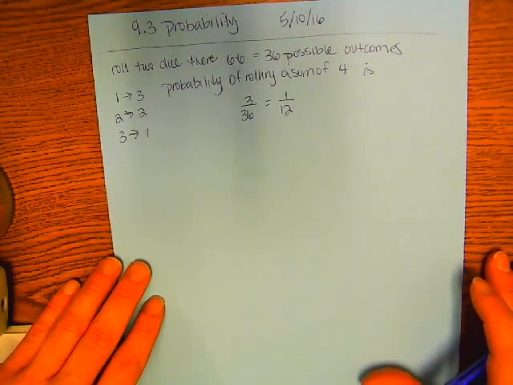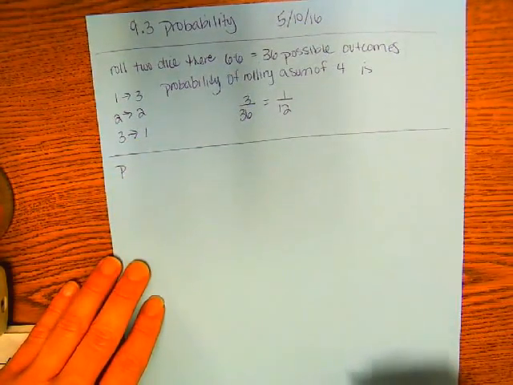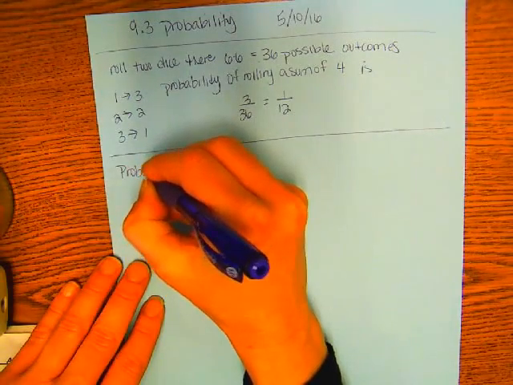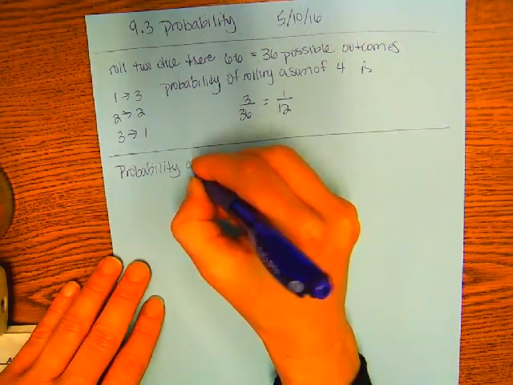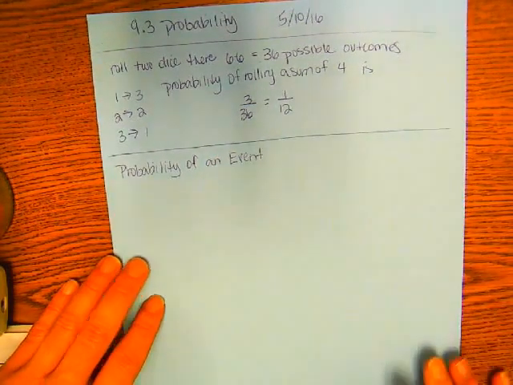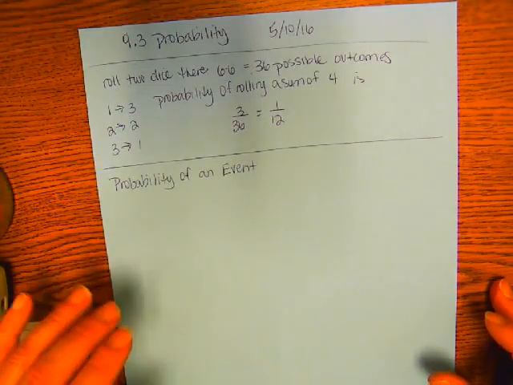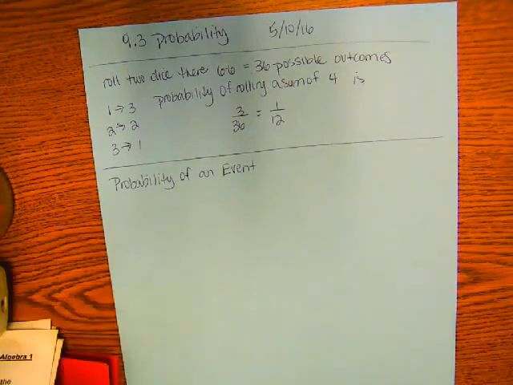So here's our definition. The probability of an event, and what I'm assuming here is an event just due to chance. We're talking about it's not a weighted die, it's something where the outcomes are just being counted.